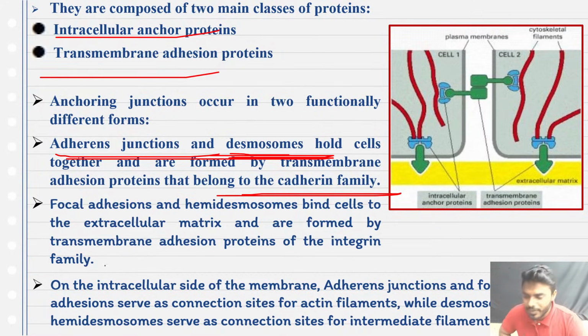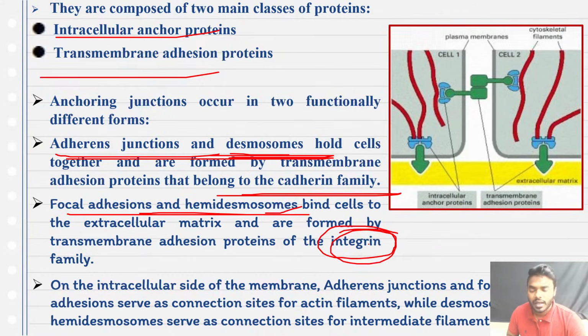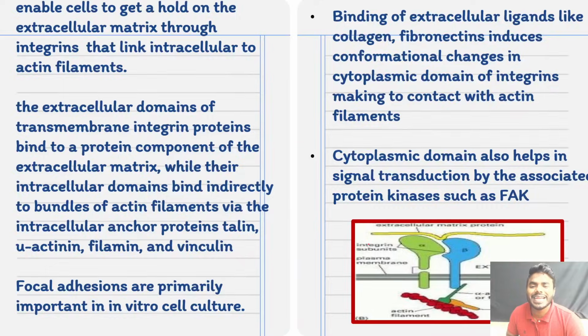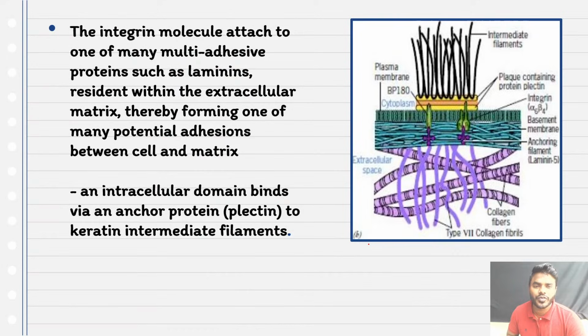And what is the statement I told you to remember without fail? Focal adhesions and hemidesmosomes are associated with each other with the help of a transmembrane protein. It consists of integrin. Do not confuse and do not forget. And I want every student to look into this beautiful diagram. Listen to my statements carefully, all of you.